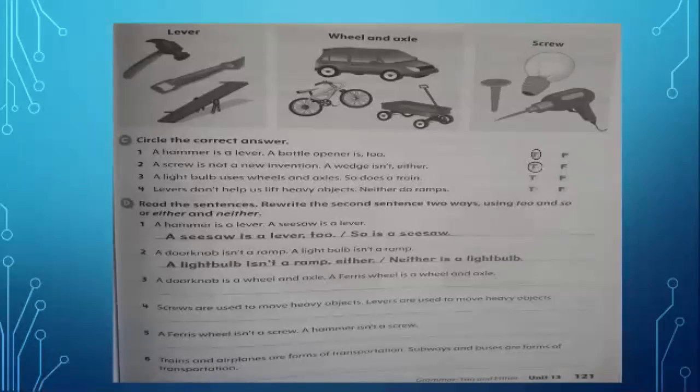It's true. Okay. A light bulb uses wheel and axle. So does a train. So what do you think? Light bulb uses wheel and axle? So does a train. They both need wheel and axle. Who will tell me? Is it true or false?